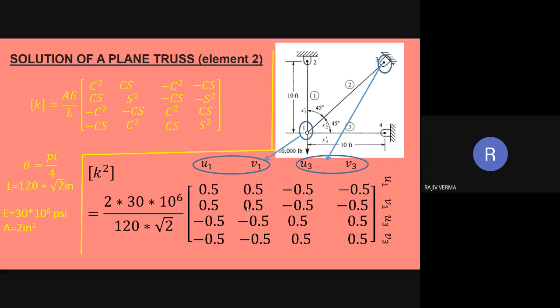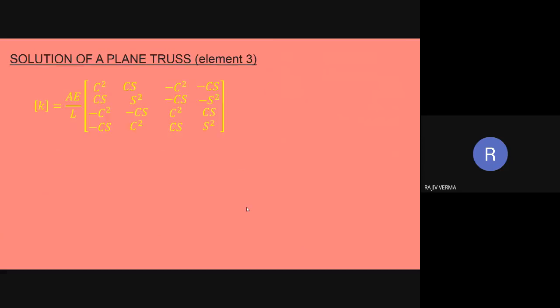And similarly, for element number 3, the angle of inclination is 0. This pi by 4 is a typing mistake.